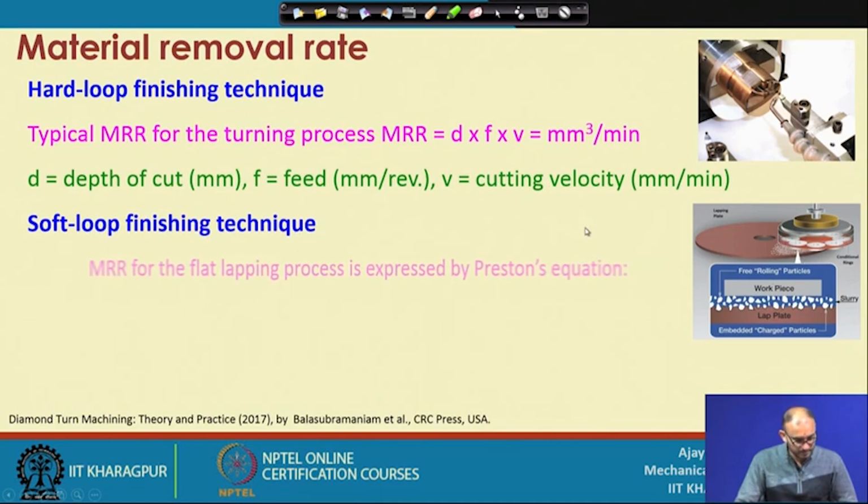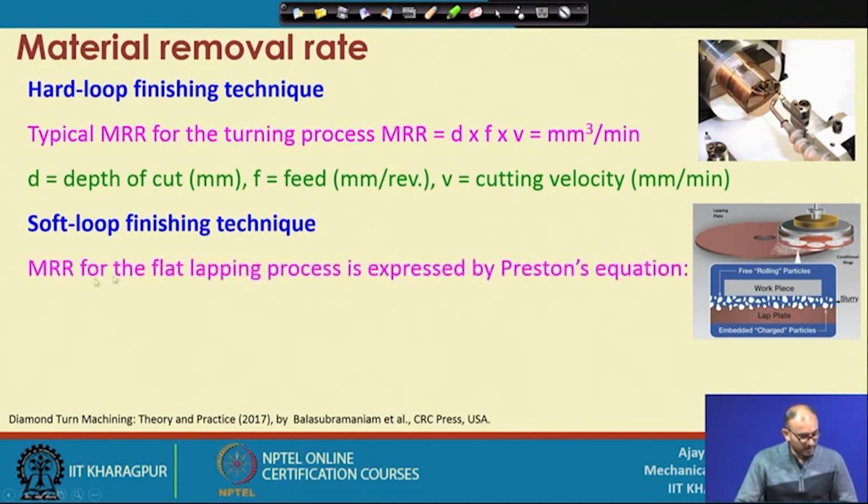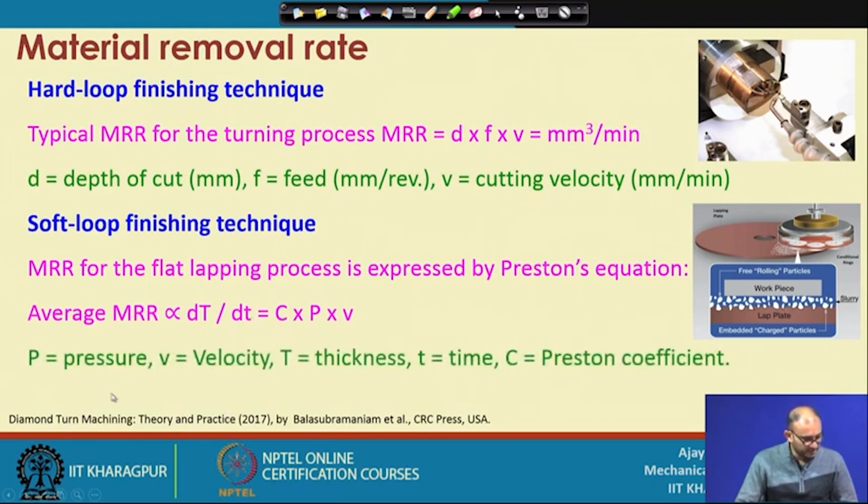For material removal rate, there is one classical equation available, called the Preston equation. What this equation tells is that the average MRR, dT by dt, is proportional to, equal to C, P and V. Let us see what these parameters are.